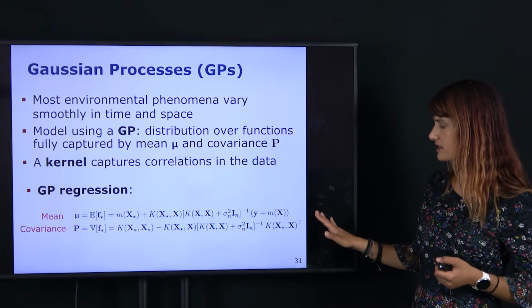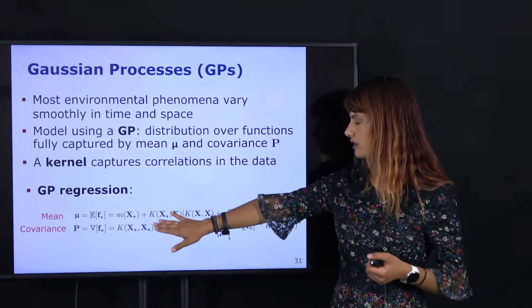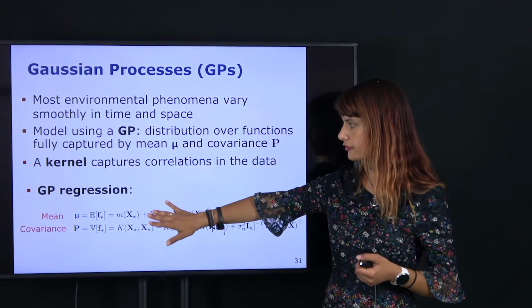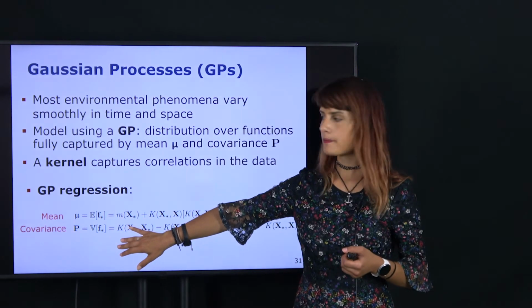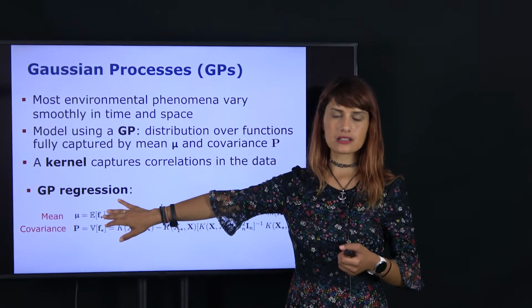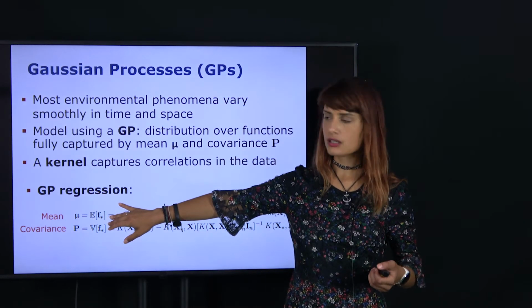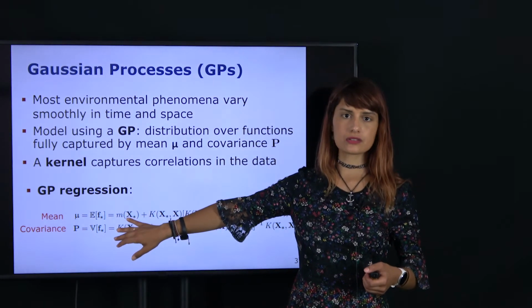By using these equations, where we build the kernel matrices, we can infer the mean and the covariance. Now, the mean is the most likely distribution of our data by definition, and the covariance captures the uncertainty.